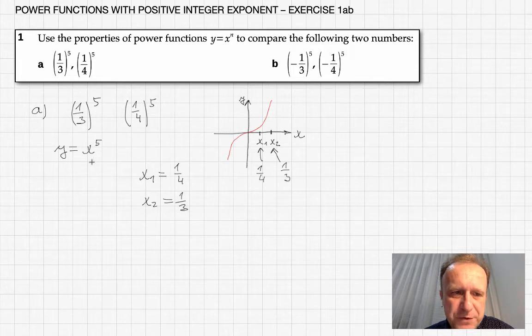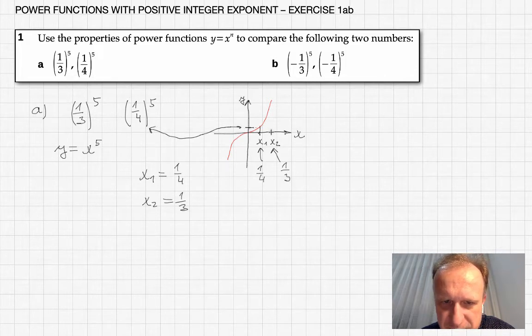Now, if you want to compare the function values, you just use the graph and see that for 1/4 you get this function value. So this must be exactly 1/4 to the power of 5. So it's this one. And for x2, you get a function value which is greater, and it's here.